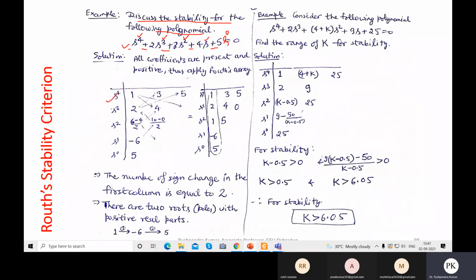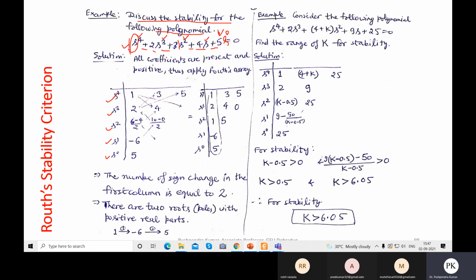You put here S4, S3, S2, S1, S0, because the highest power is S4. So we start with the highest power. Now the coefficient of S4 is 1. Leave the second one. The coefficient of S square is 3. Leave this one. The coefficient of S0 is 5.